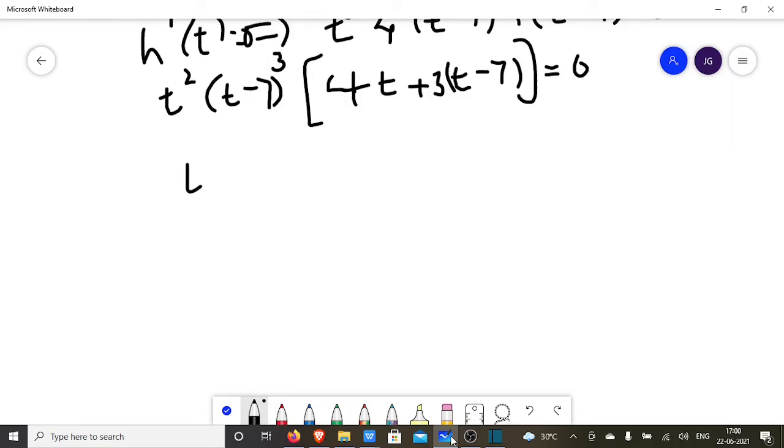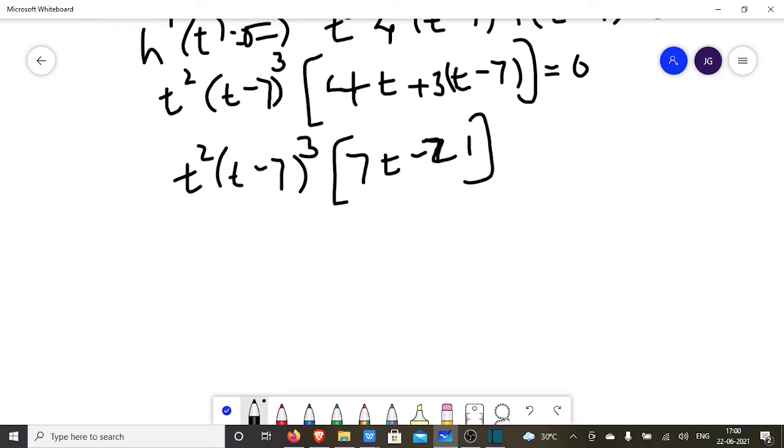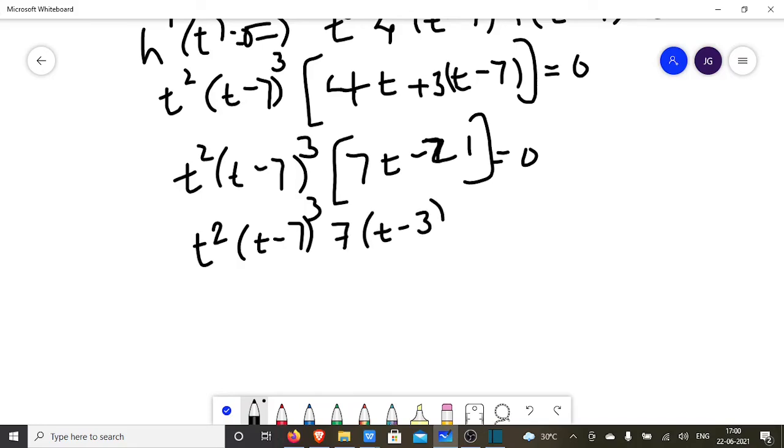That is t square into (t minus 7) all cube into [4t plus 3t minus 21] equal to 0. That is t square into (t minus 7) all cube into 7 times (t minus 3) equal to 0, which implies t equal to 0, 7, 3.